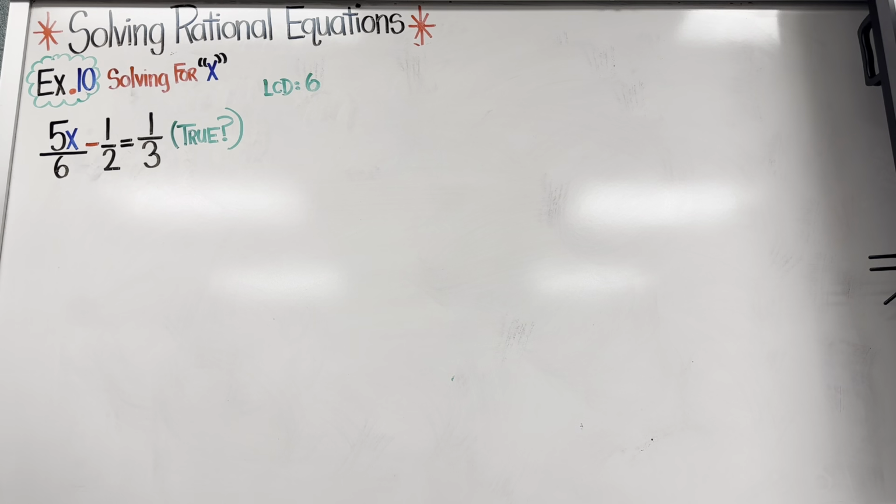and 3. So what we're going to do is multiply everything that we see by 6, which is the least common denominator. Okay, so now let's go ahead and do that.